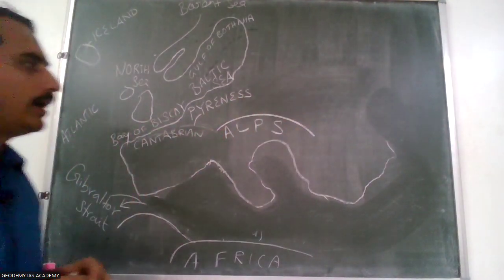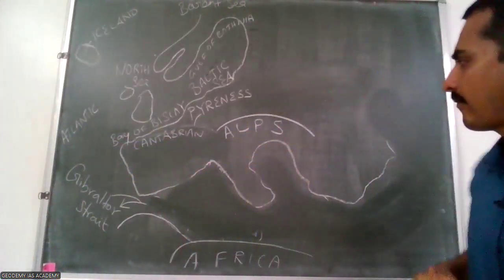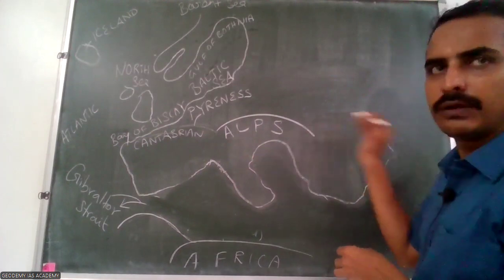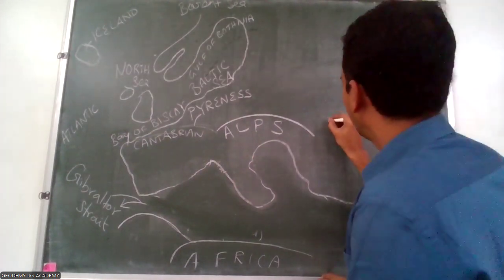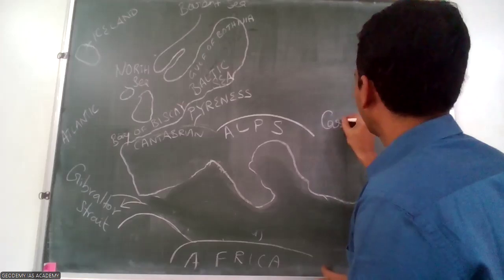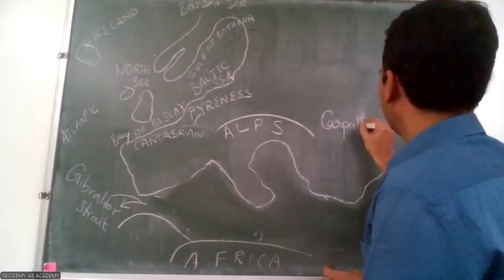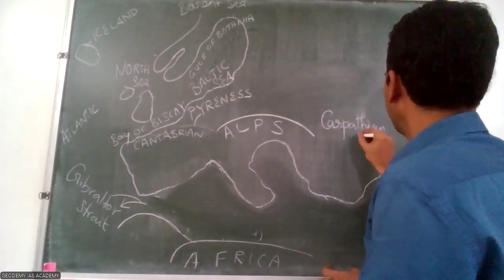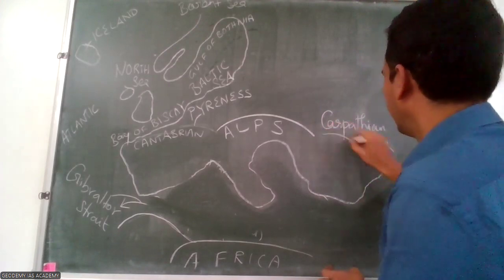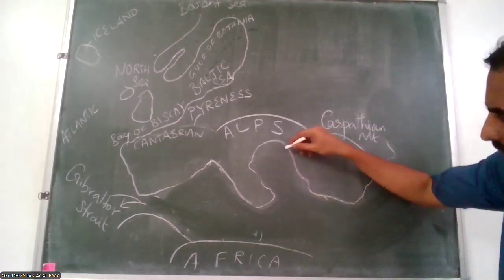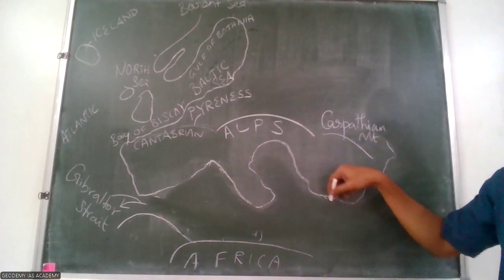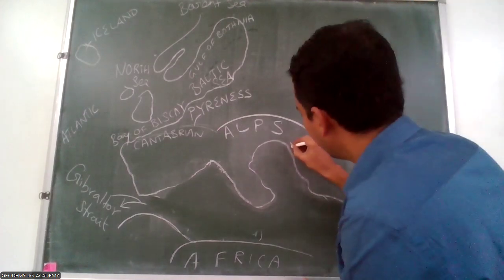And then in the east of the Alps, the Carpathian Mountain is there. That is also more important. And here in the north of Greece is the Dinaric Alps.